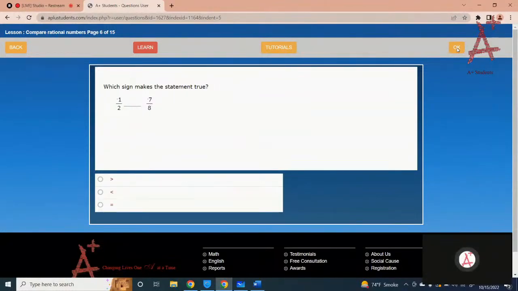Okay, so negative 1 by 2 and negative 7 by 8. So first of all, you have to make the denominator the same. 2 times 4 is 8.